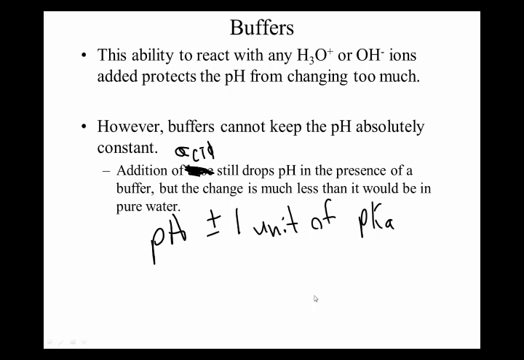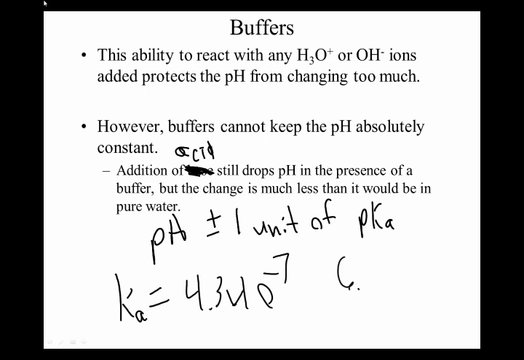So when we look at carbonic acid, its Ka, and I'm just looking this up on a chart in your book, is 4.3 times 10 to the negative 7th. If I take the negative log of 4.3 times 10 to the negative 7th, I get a number that's 6.37, which equals pKa.